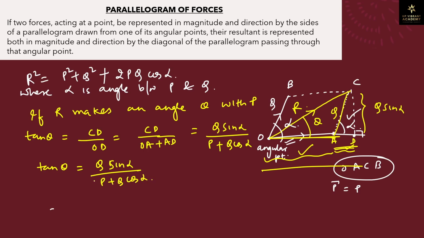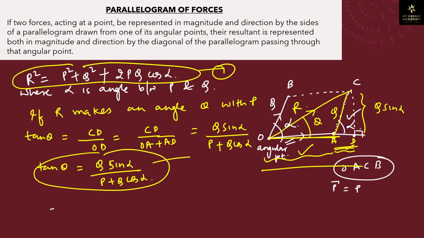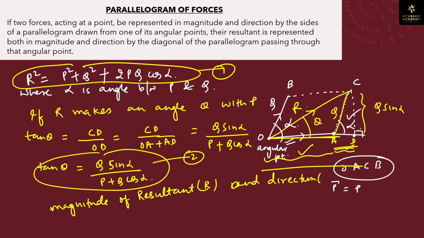Let us name these as 1 and 2. So the magnitude of resultant R and the direction theta are given by equations 1 and 2.